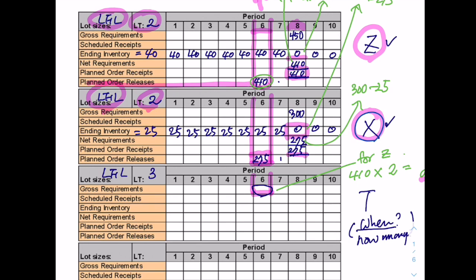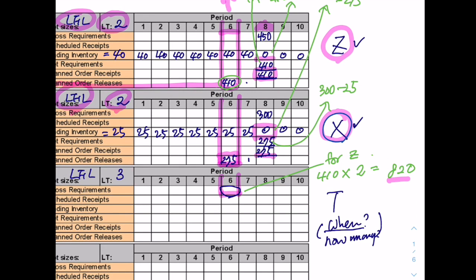So the planned order release time is week 6, and at this time, all materials should be ready. Therefore, in this week 6 for T, not only for Z, actually you need to prepare this T for X as well.